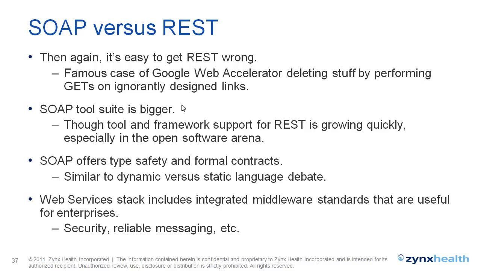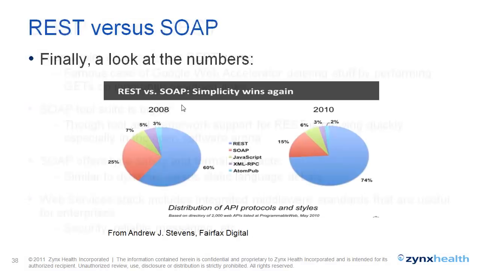So if you like an interface in which the metadata describing the contract is an actual explicit artifact of the interface, and hence you have a more type-based and type-safe kind of model, then SOAP is for you. But as this chart that I totally stole from Mr. Andrew Stevens' blog illustrates, back in 2010 it did anyway, the simplicity of REST is tending to win out in web interface implementation circles.